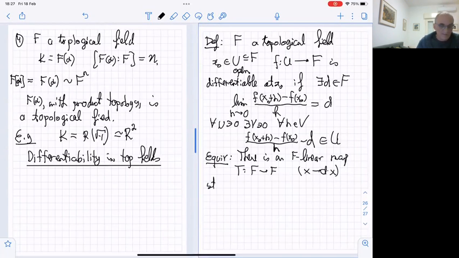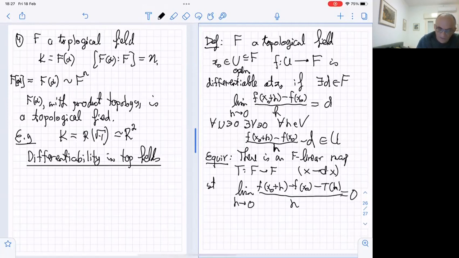Such that the limit as h goes to 0 of f of x0 plus h minus f of x0 minus T of h, divided by h, all in the field, is 0. Okay, in one variable, it's exactly the same. In higher variables, there is an issue, continuous partial derivatives, etc. But in one variable, it's simple. All right, and we'll remember that, it will be useful in a second.